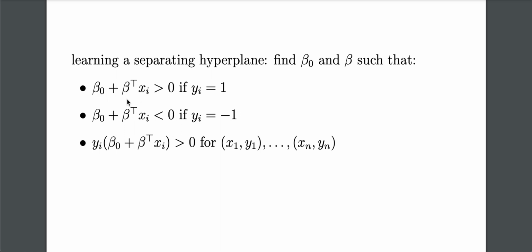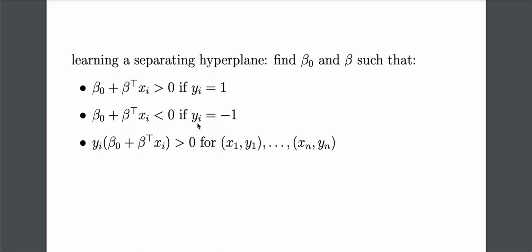So a separating hyperplane is a hyperplane such that for every point we have, if the label of the point is 1, then this quantity is greater than 0. If the label is negative, this quantity is less than 0. And in short, what we can do is to say, well, okay, if yi is equal to 1, then beta 0 plus beta transpose xi is greater than 0.